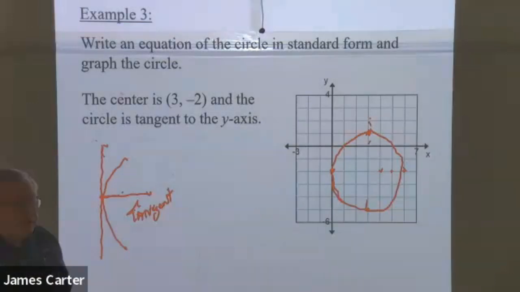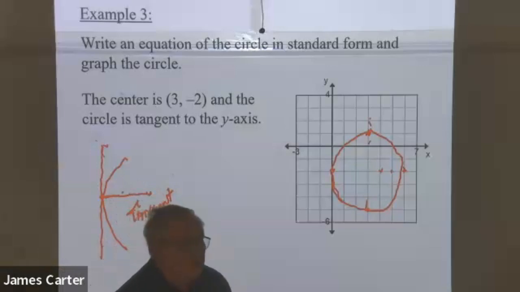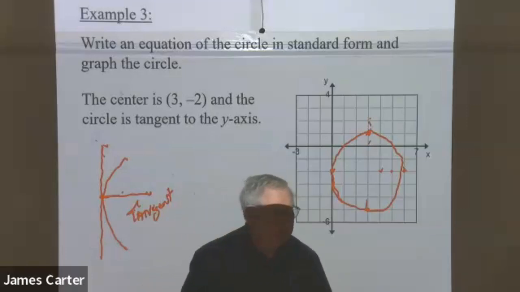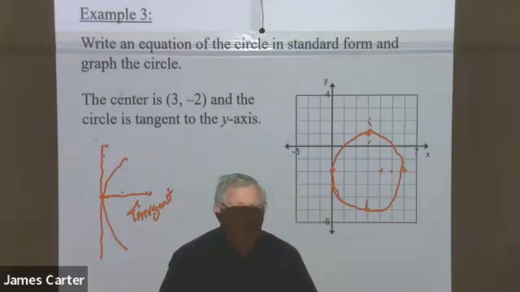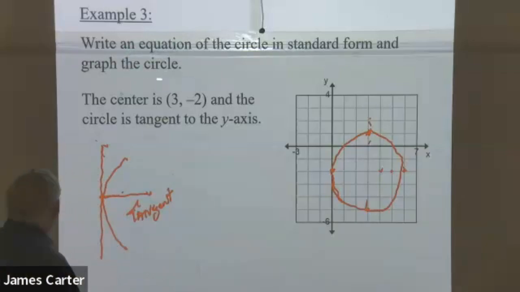Now, this one's got a little geometry in it you may not be familiar with. Anyone know what the word tangent from trigonometry means? Okay. Tangent means it's at a right angle to something. So if I read this statement up here, the center of a circle and the circle is tangent to the y-axis.